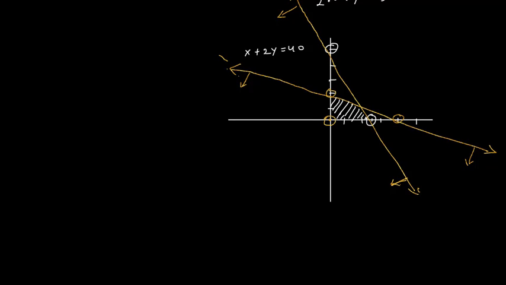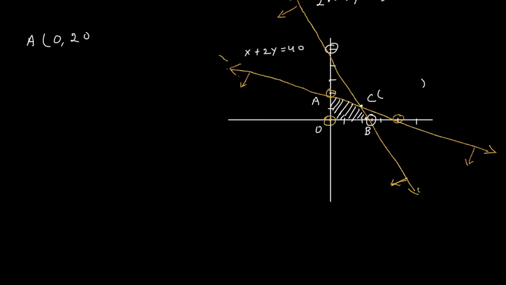Now here we have point A, point O, point B, and let us take this point C. The coordinate of point C is unknown, so let us first find it. Coordinates of points A, O, B we know. A is 0, 20.